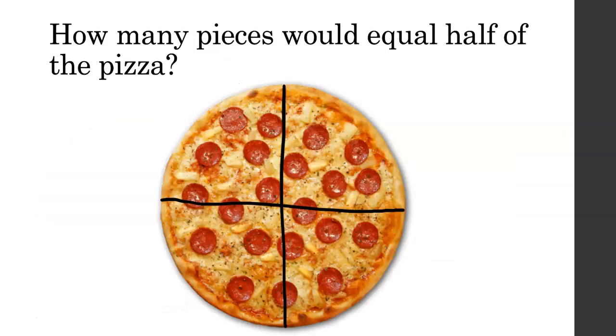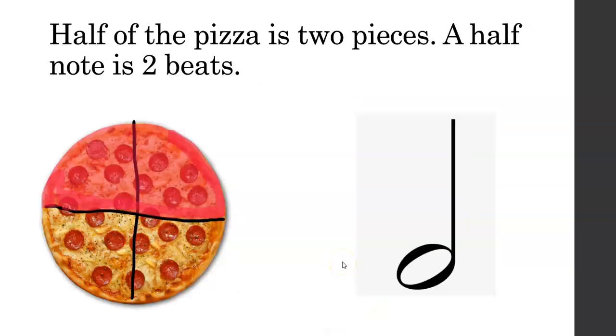All right? So if I wasn't super hungry, how many pieces would I be eating if I just eat half of this pizza? We have 4 pieces total, so half of it would just be 2 pieces, right? A half note is 2 beats, just like half of this pizza is 2 pieces.